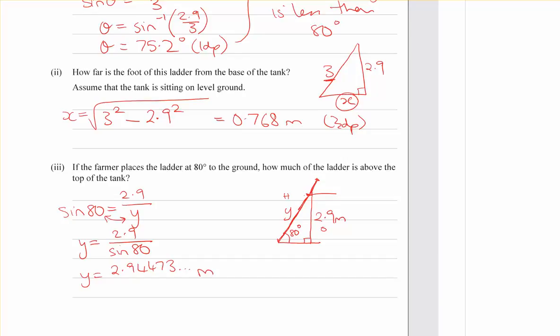The ladder is actually 3 metres long, so the amount left would be 3 minus y, which in this case is 0.055, which if you change that to centimetres, just to get an idea, would be 5.5 centimetres over the top.